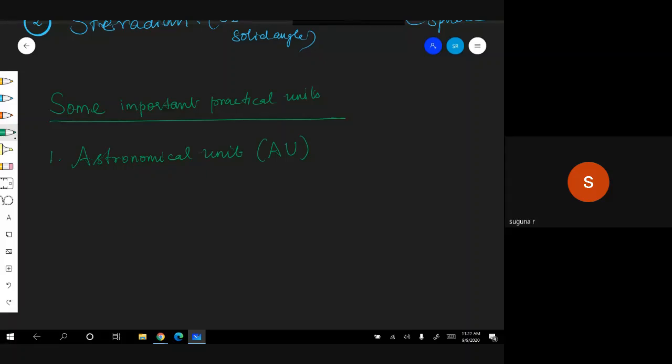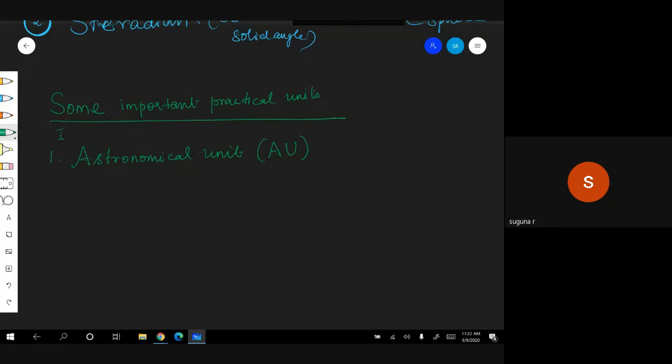Every planet is revolving around the sun in an elliptical orbit. Now I am telling you, it is a large unit. I told you, the measurement of very large distances. First one, are you following? The first one is a unit for measuring very large distances.